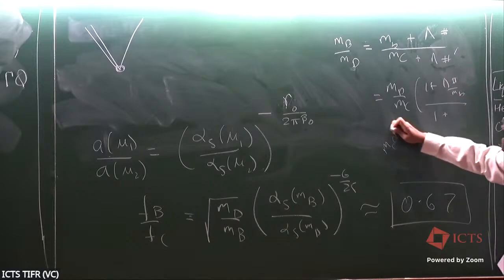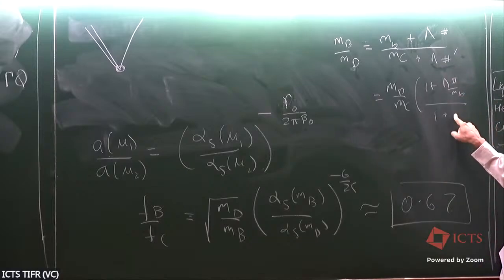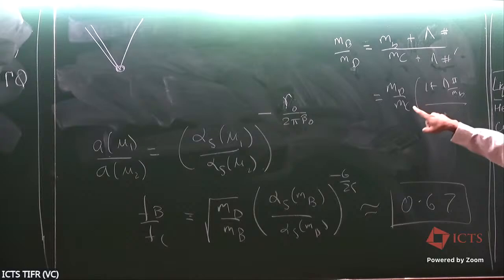So 1 plus complicated thing, but which you can always turn into some e to the power log of some crap. So I can always write the product way. But I think still if lambda QCD by MC is small, then alpha is also small.